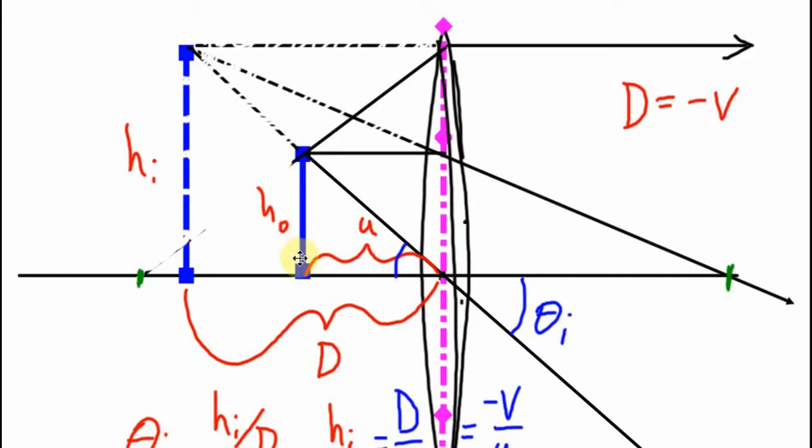In any case, here's our object, and if we look at light leaving the top of the object, light that was coming as if from the focal point will turn and be converged parallel. Light going through the center of the lens continues on. Light that is parallel will converge as if it was going through the focal length.